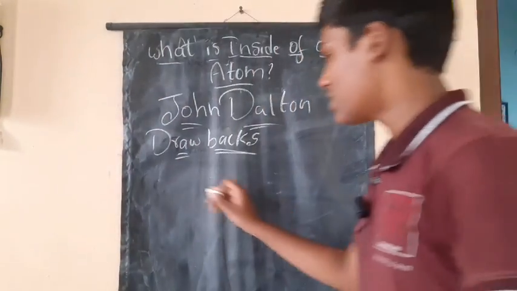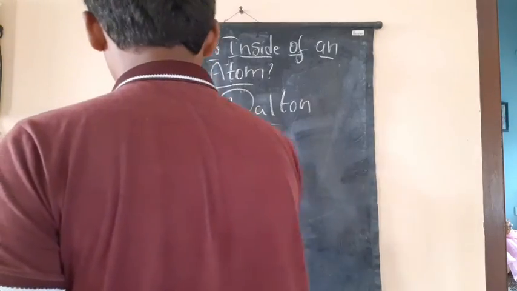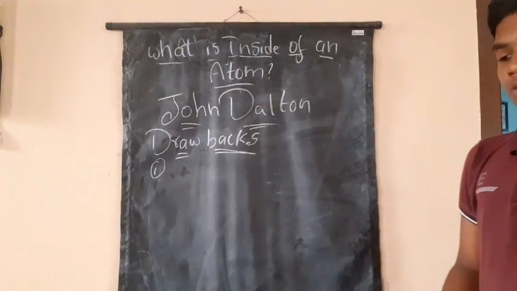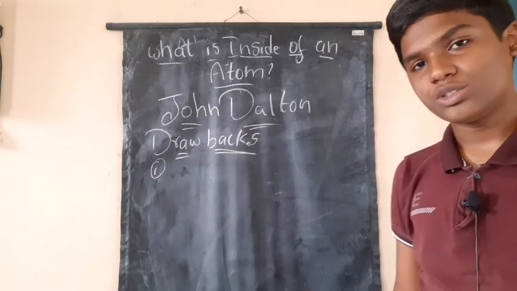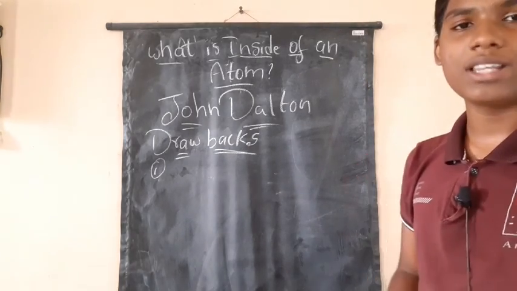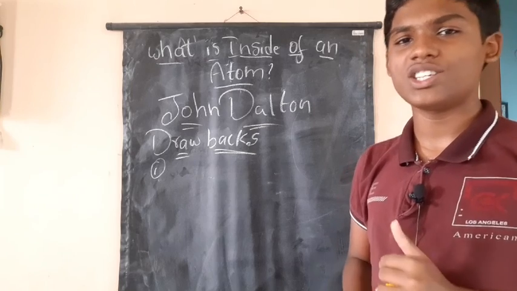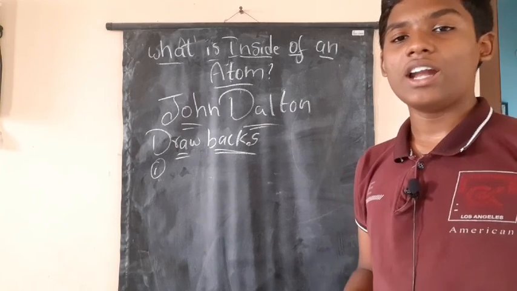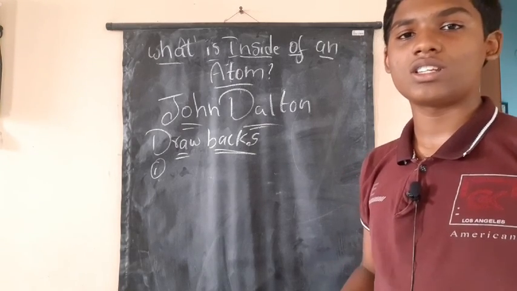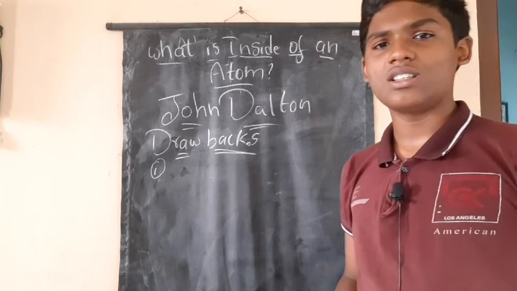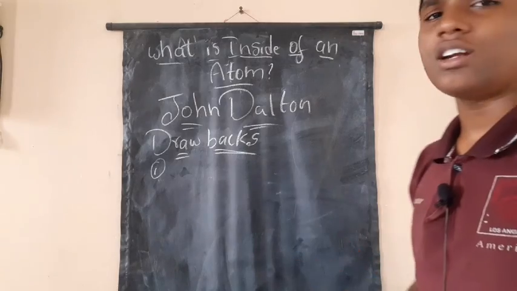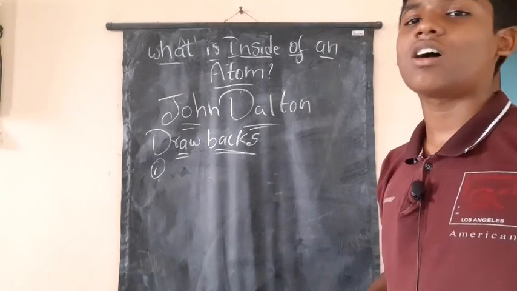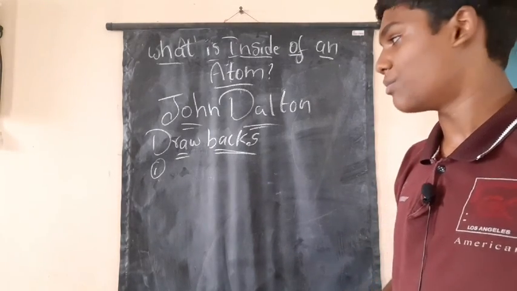Let us see our first drawback. An atom can be divided into charged particles. We all know about these charges: one is negative charge, one is positive charge, and the third has no charge. There are three subatomic particles present in the atom, which John Dalton could not discover in his experiments.